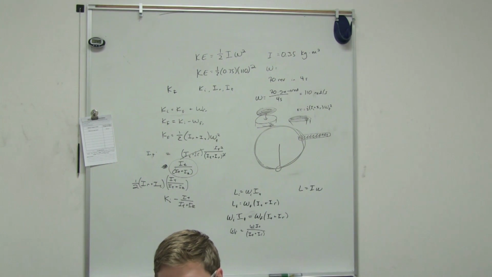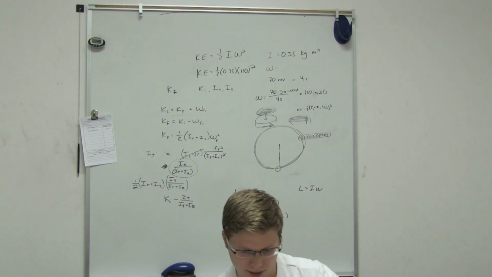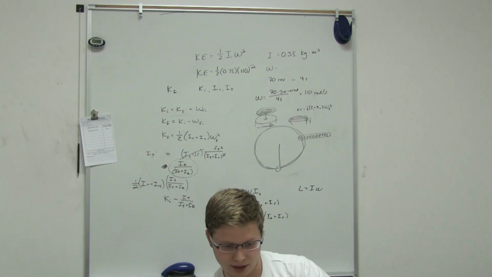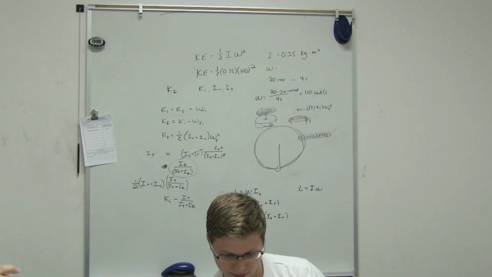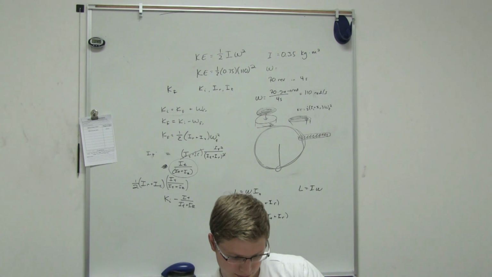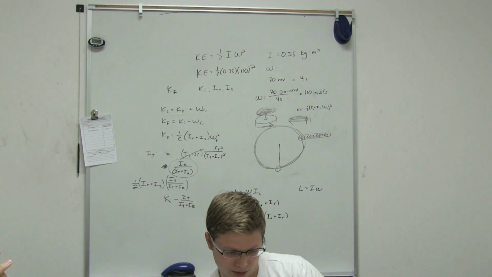Is that kilograms times meters over second squared? Let's see. It's kilograms times meters squared times radius. Just look it up. We're looking at angular momentum.